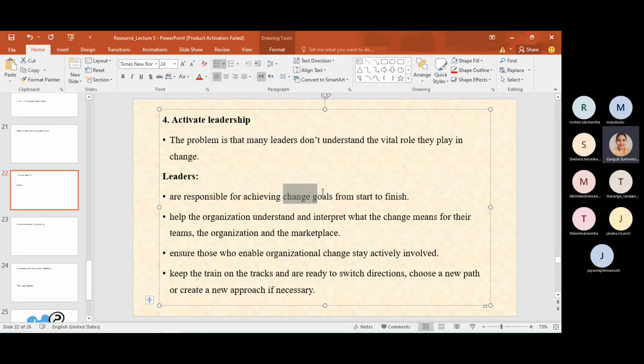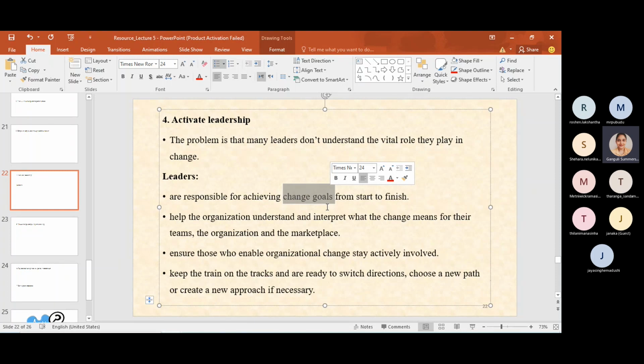What are your goals related to mergers and acquisitions? And if the change is automation, what are your goals related to automation? Change goals means the goals or the objectives related to the change which is happening in the company. The leaders should be responsible for achieving these goals from start to finish.